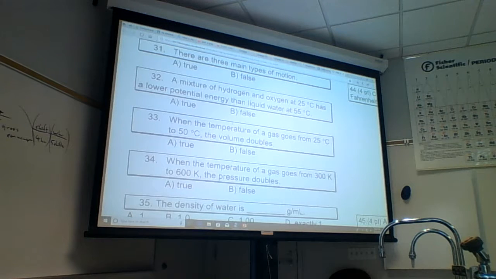I don't know, but it has the potential to kill you. And so it's different. Things have different potential energy based on how they can react. Cars have the potential. Flights have the potential.